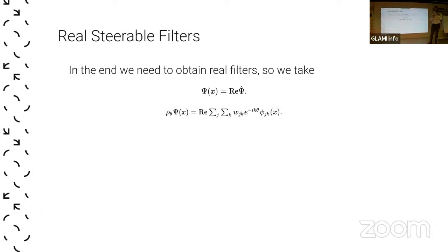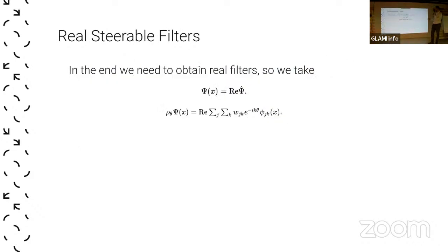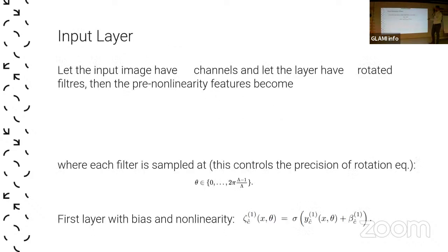The theta is the angle by which we rotate the filter. And then the w are the learned weights. In all the implementations, these are complex, and you really just take the real part after you do all of these summations. And yeah, it can be shown that this is a steerable filter. It really is some filter rotated, and you can train the weights.